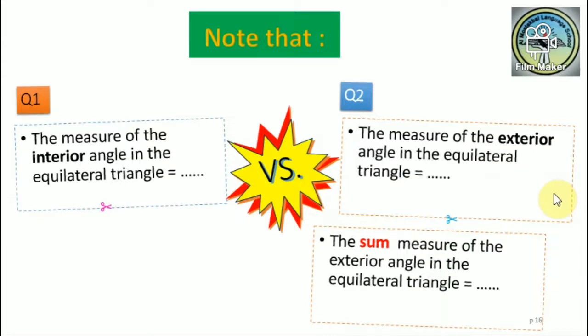But if I ask you the sum of measures of the exterior angles in the equilateral triangle equals, Martina? Yes, I said exterior angles. I mean all angles, so it is 360 because the equilateral triangle is just a convex polygon. Excellent, Martina.